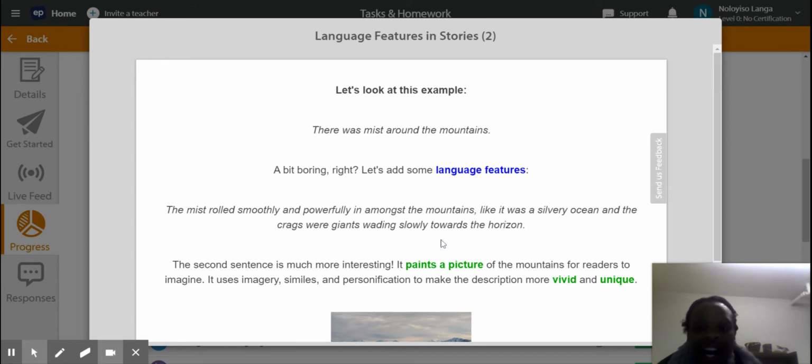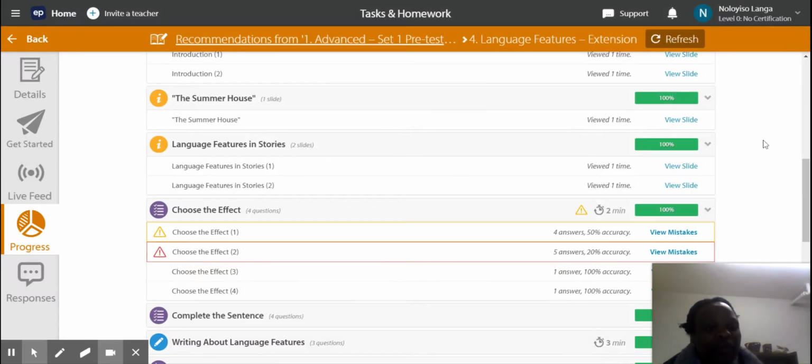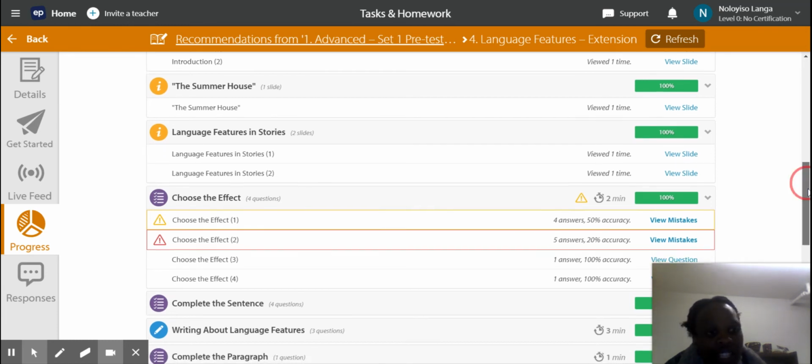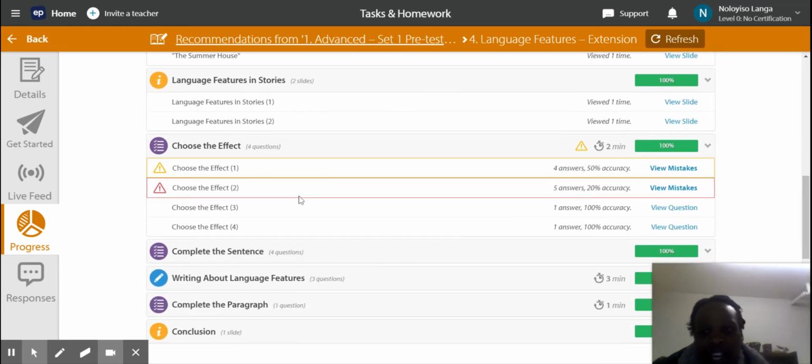But all of this description here is showing you what the mist looks like in the mountains. So it's to paint a picture in your mind so you have a clearer picture, and it's more vivid and more unique. Okay, so why am I telling you all of this? I had a look at some of your answers. Here you have to show the effect.